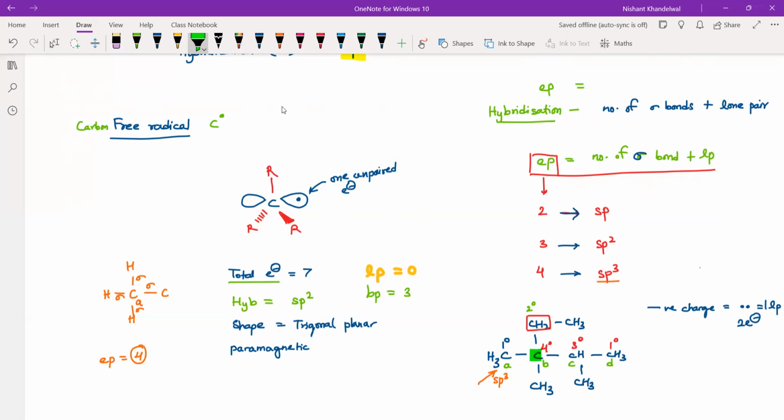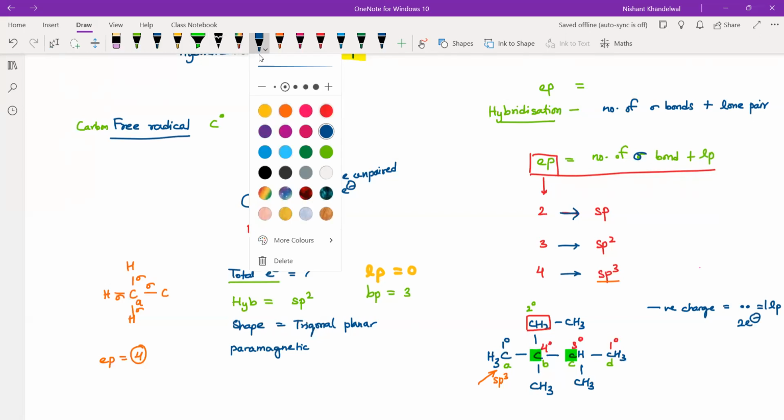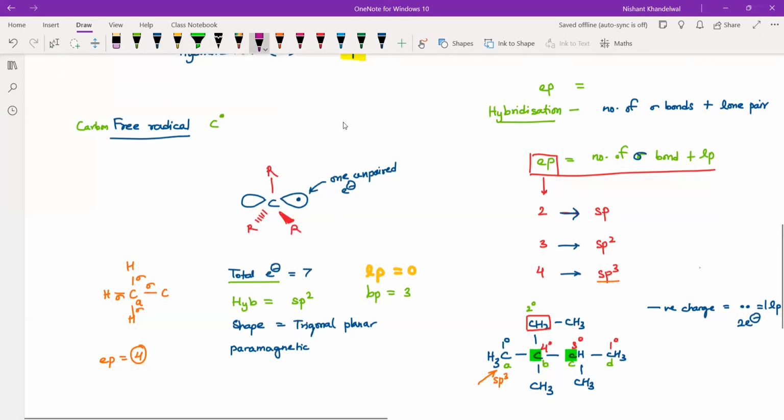Yes, sp3. Very good. The C carbon? sp3. Don't forget to take the hydrogen behind this carbon. So all are sp3 if you find out.